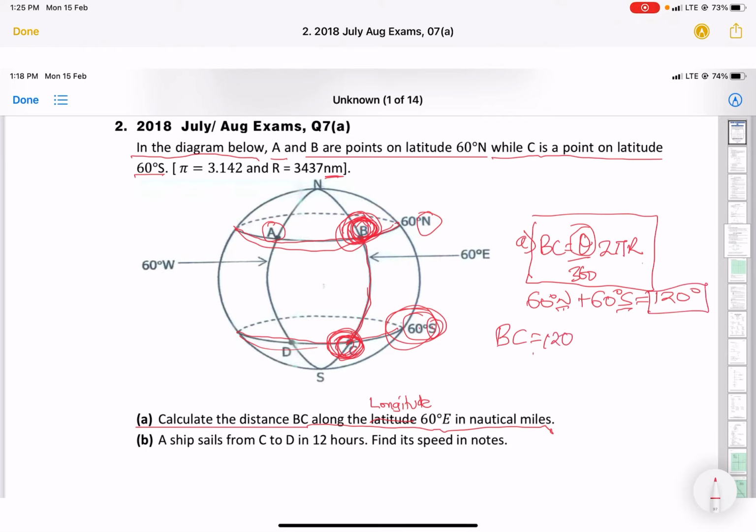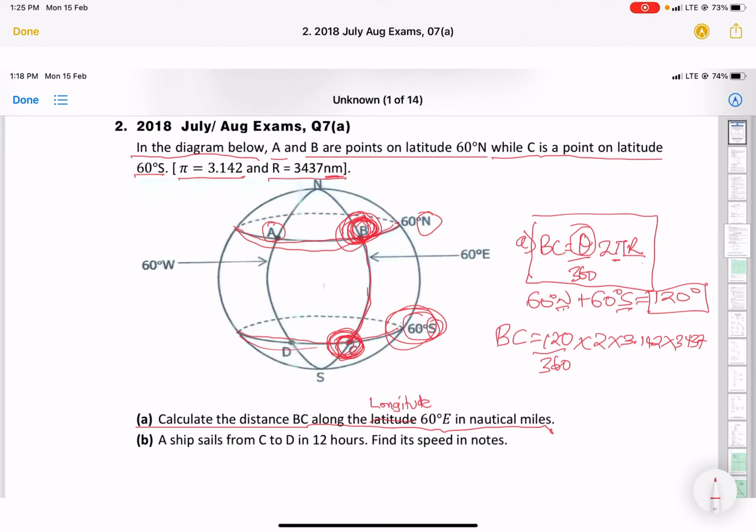So we have 120 over 360 times 2 times pi. Pi is 3.142 times the radius of the Earth, which we've been given as 3,437 nautical miles.